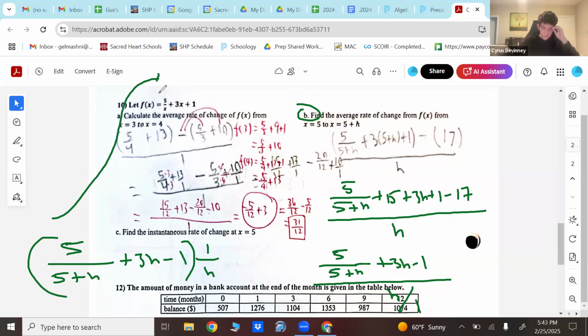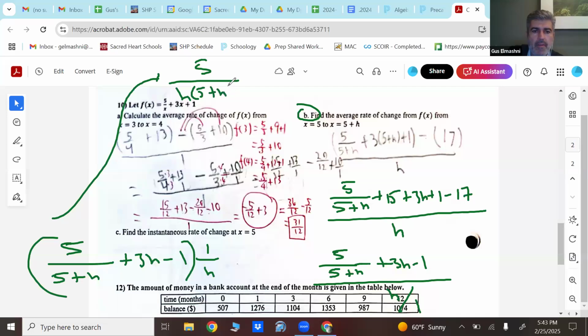I suppose you could do that. But yeah, I'll just leave that alone for now. I don't think you can simplify that further.